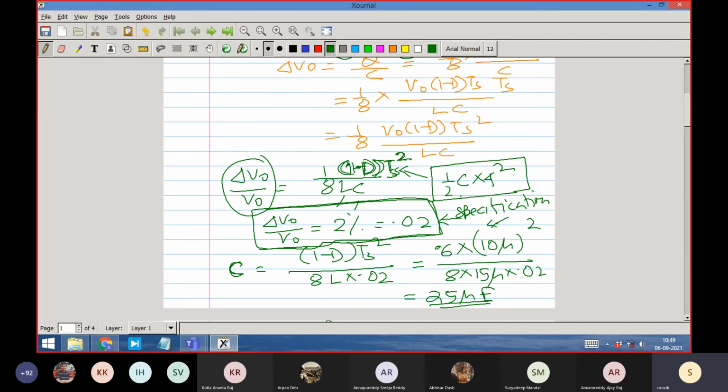So the moral of the story is, you first find out at that power what maximum switching frequency you can handle. If you know that, then you choose the value of the capacitor. Use the highest possible switching frequency. Don't choose arbitrarily a low switching frequency.